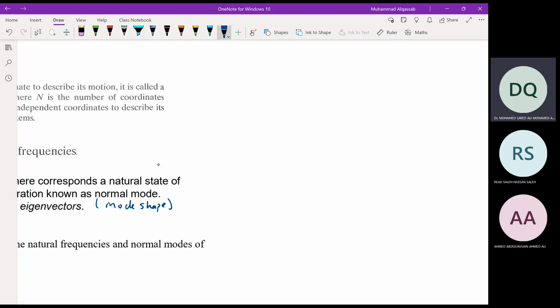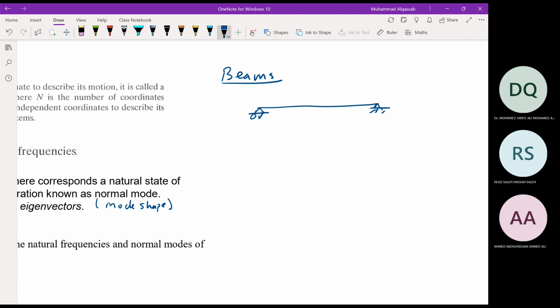In a continuous system like beams, if you have a simply supported beam, and this is under vibration, this can take vibration in different modes.